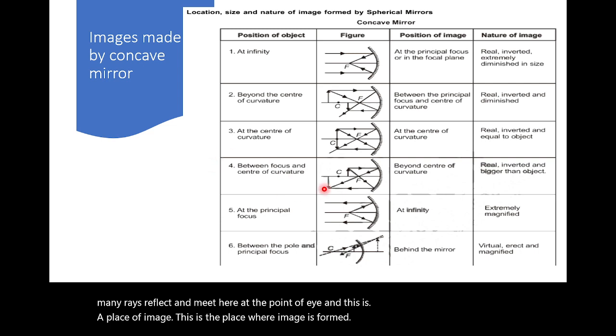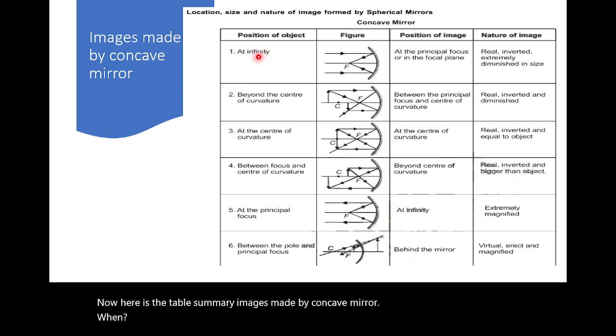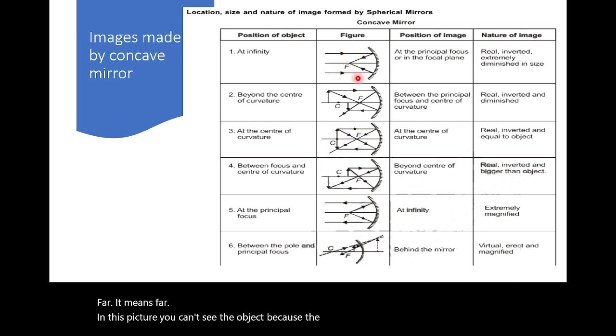Now here is the table summary. Images made by a concave mirror. When the object is at infinity, far, in this picture you can't see the object because the object is far.